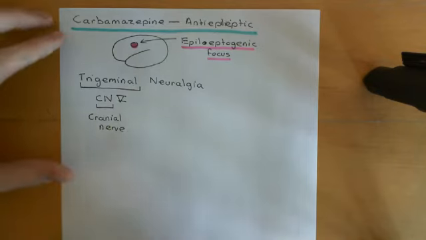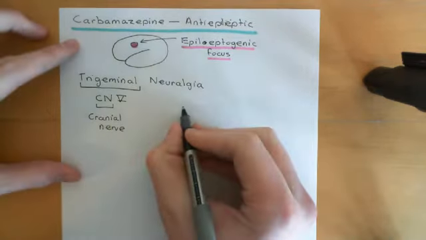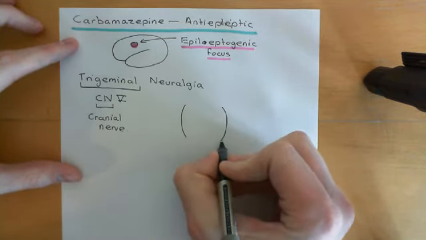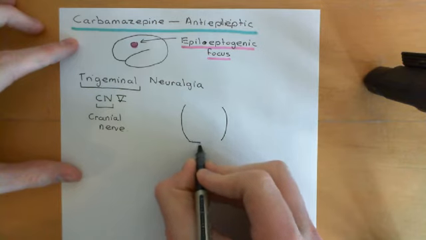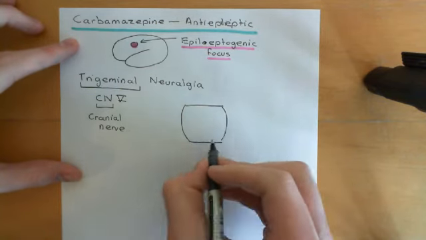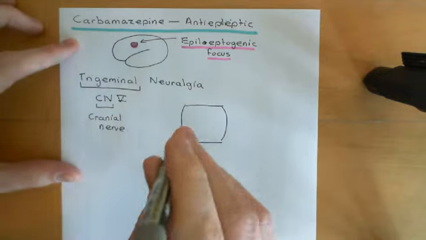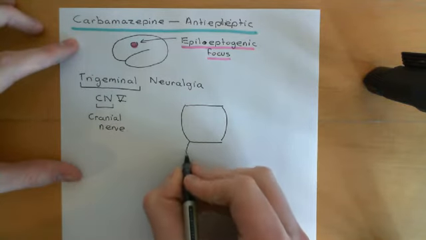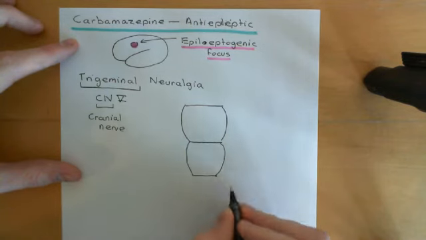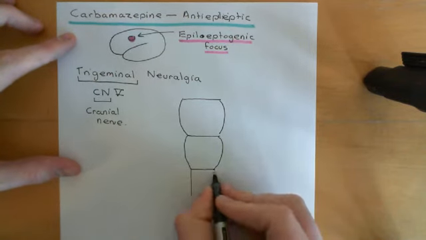So what I'm now going to do is draw the pons from the front. I'm drawing the brainstem from the front. We have seen the brainstem from the side many times, but we haven't seen it from the front before. So here's the pons viewed from the ventral aspect. Underneath you'll have the medulla, and underneath that the spinal cord down here.